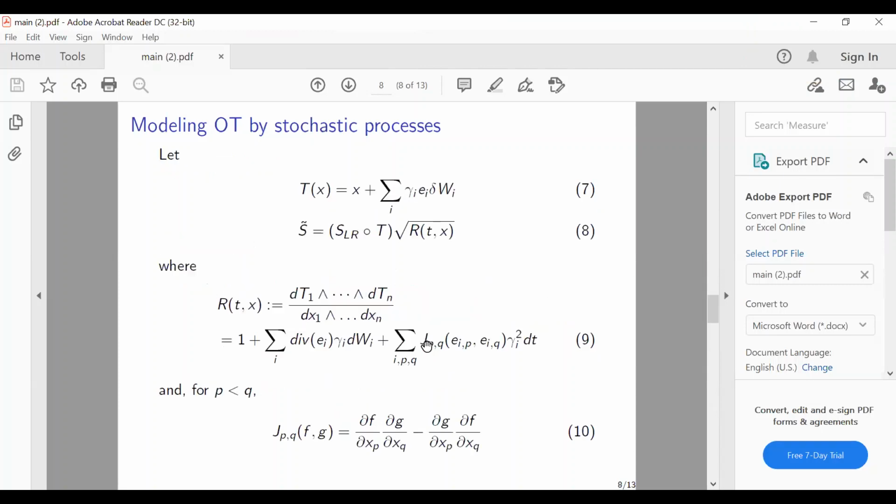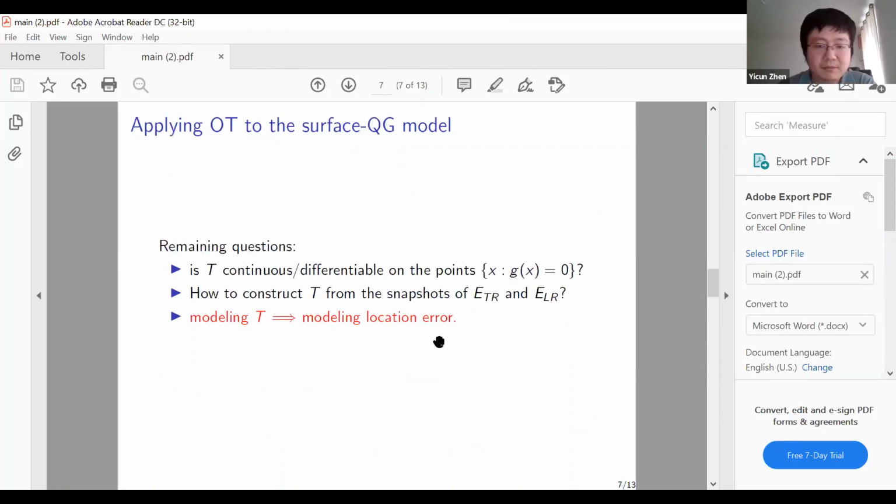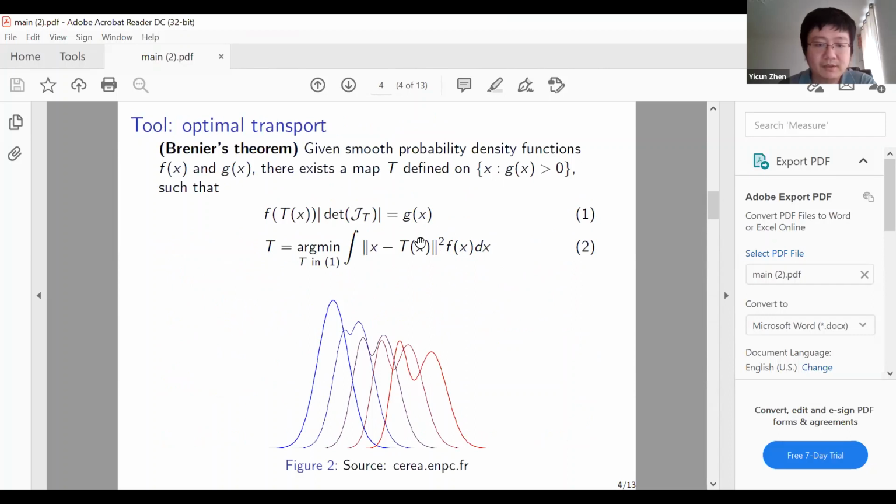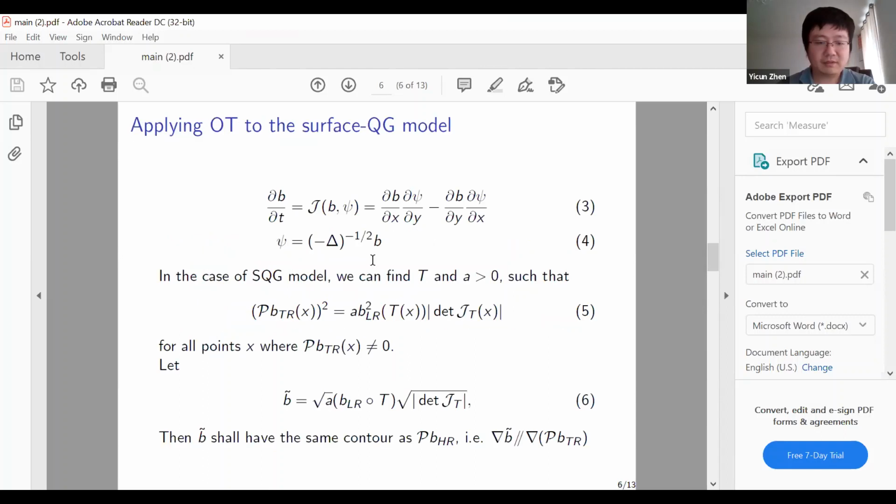In SQG, it's a two-dimensional domain. SQG is an equation for a two-dimensional domain, so it can be a bounded domain or a torus. Then this map T is a map from the domain to the domain itself.